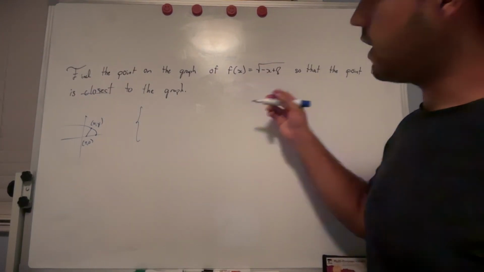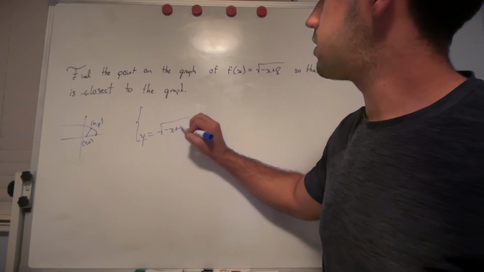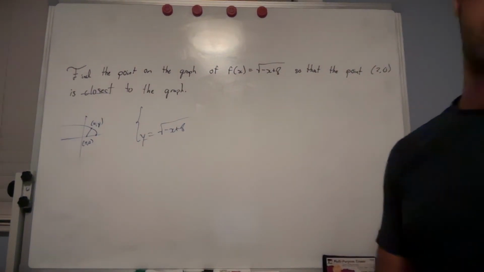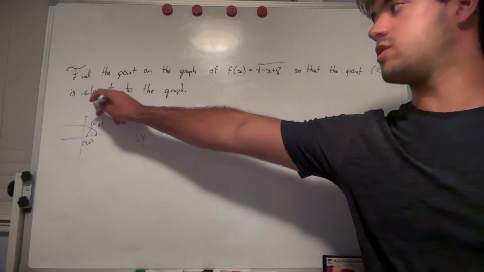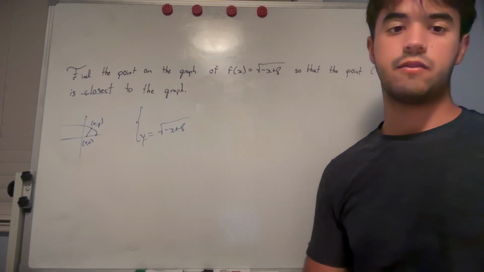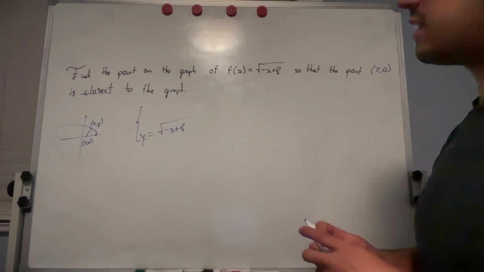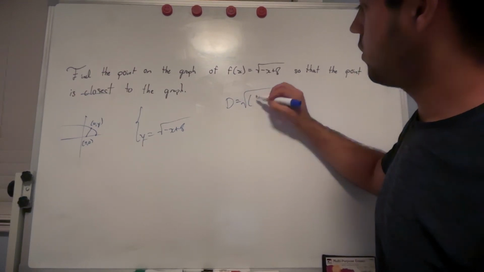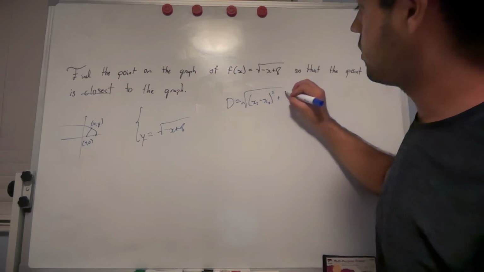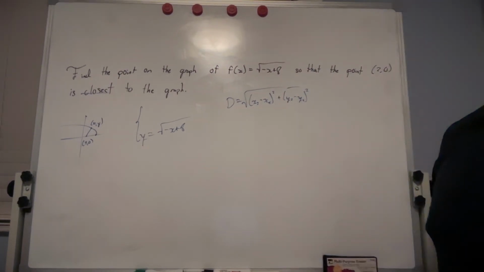This is our constraint, so I'm going to write y equals the square root of negative x plus 8. And now we need our formula. Our formula here is actually in the word closest. Closest signifies minimum distance. So what we're going to be using is the distance formula, which is the square root of x2 minus x1 squared plus y2 minus y1 squared.